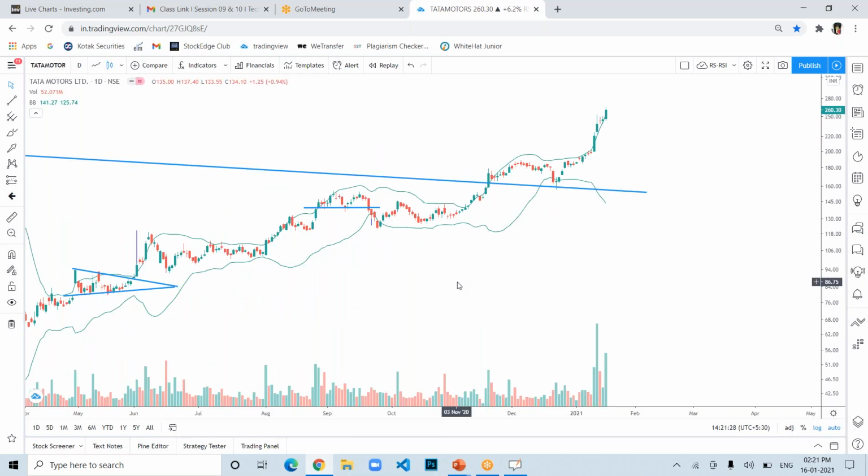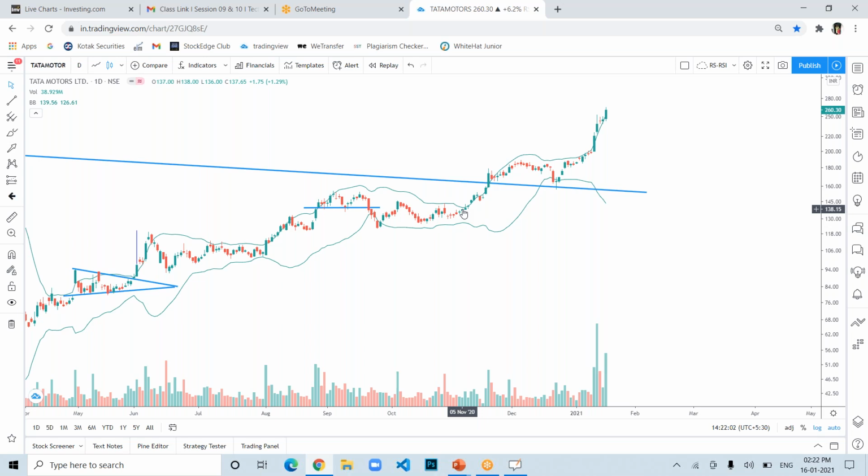So what this pinch strategy is talking about is that whenever there is a volatility contraction, matlab whenever the upper band is approaching the lower band and the lower band is approaching the upper band, just like a pinch, you know, when you want to pinch somebody, then it is expected that the stock price will make a big move.